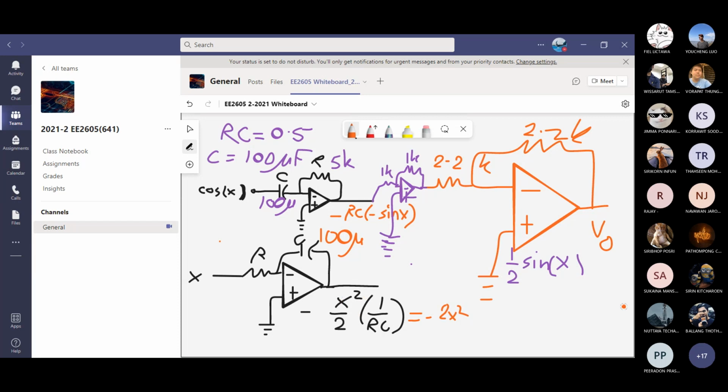So the equation is RC equals 1 over 4. C is given. So what is R? 1 divided by 4C.